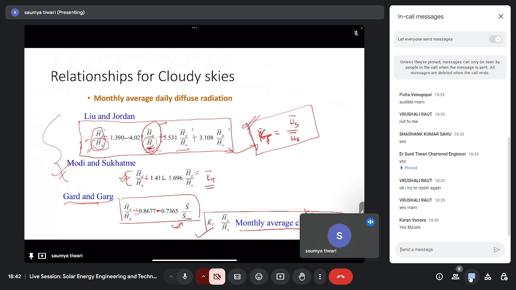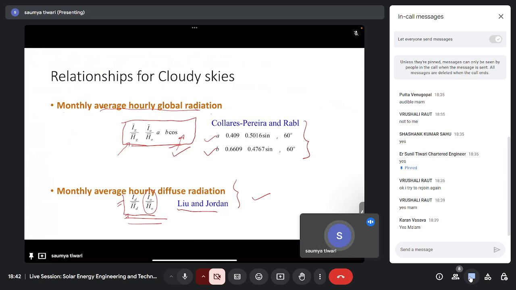Now if you talk about monthly average hourly global radiation, the formula is Ig bar upon Hg bar equal to I naught upon H naught, and I think this is A plus B cos omega, where A and B are given in terms of omega s minus 60 and sine omega s minus 60.